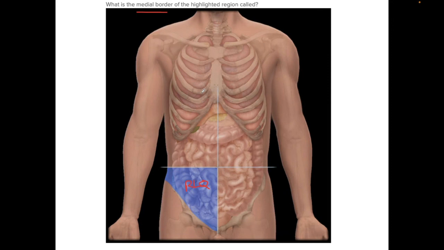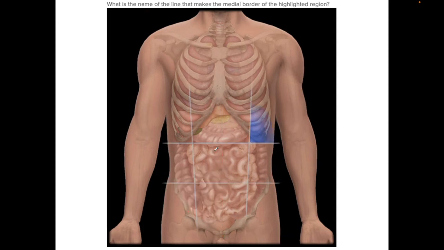Oh, so they're asking two for the price of one here. So this is the superior border. This is the inferior border. This is the lateral border. And this here is the medial border. So the medial border is going to be the sagittal plane or mid-sagittal plane.